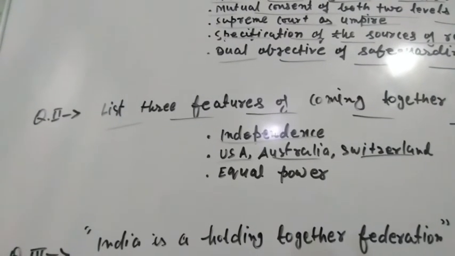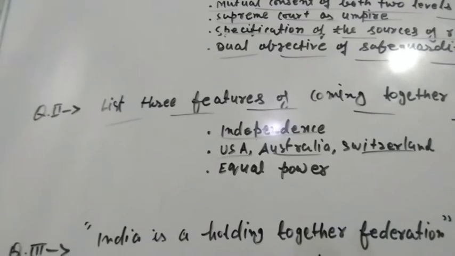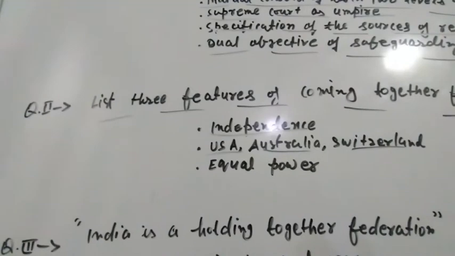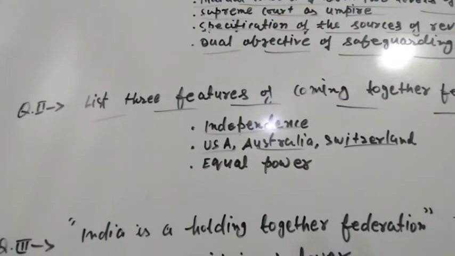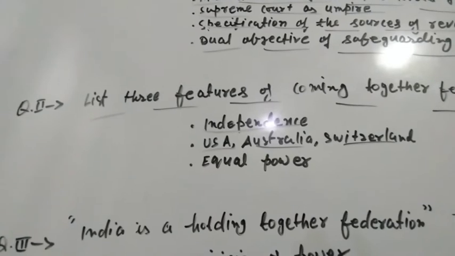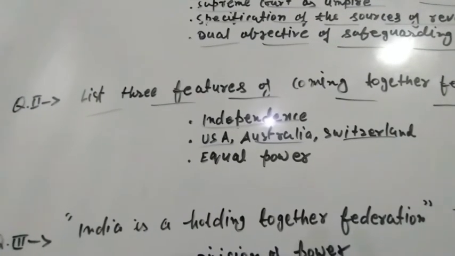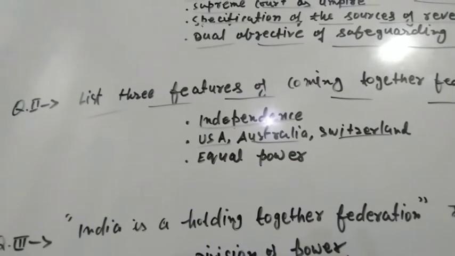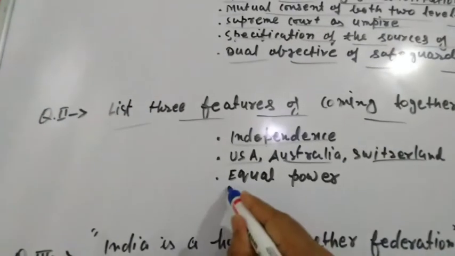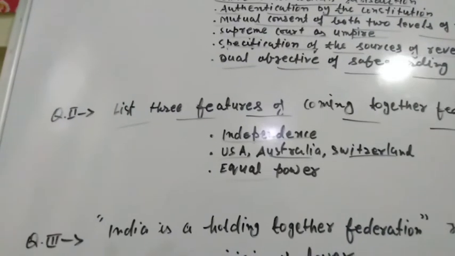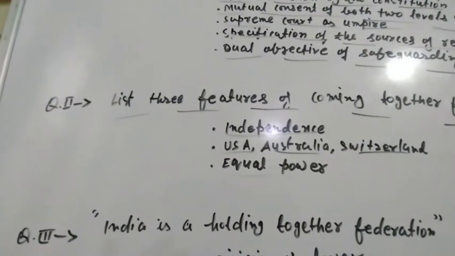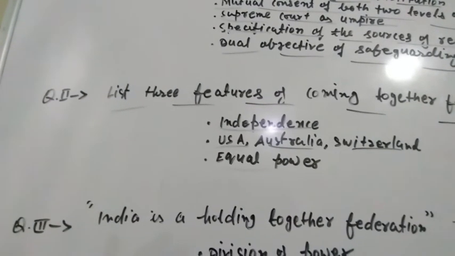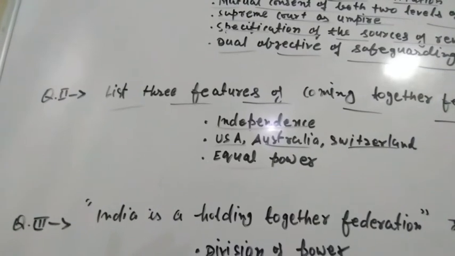All 26 states have as much power as the central government of Switzerland has. In Switzerland, no state or union territory has any special kind of right or privileges. Whether it is union territory or state, all have the same power. Third point is equal power. It means that in Switzerland, state government and central government both have equal power. But in holding together, the situation is reverse.